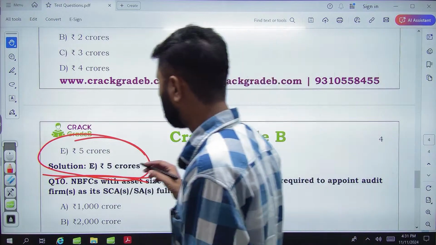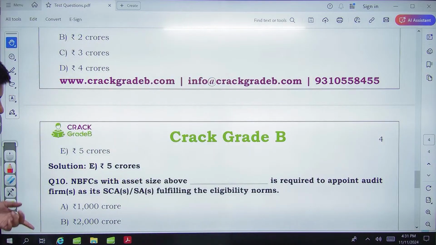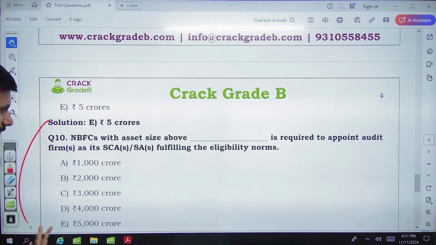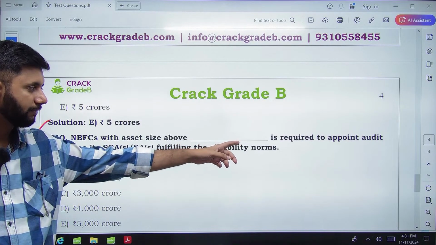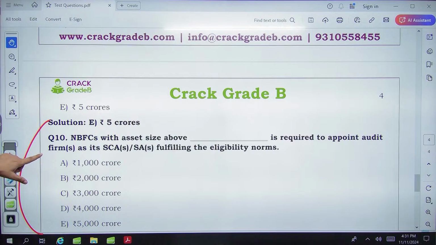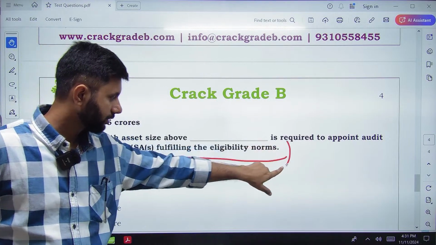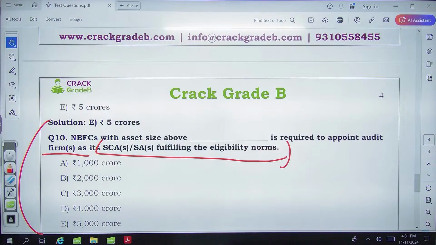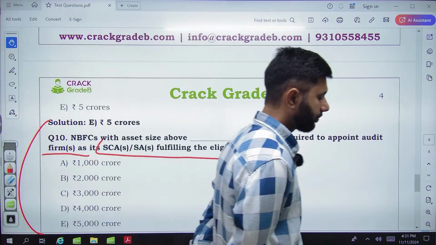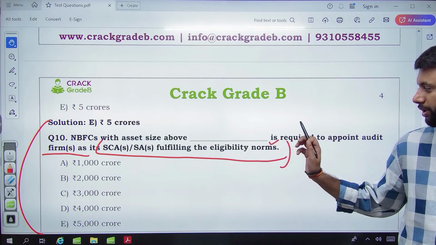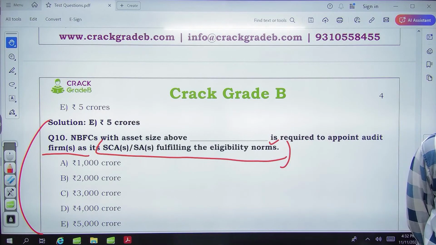Chaliye, now let's move on to the next question, which is NBFCs with asset size of how much and above is required to appoint audit firm as its statutory audit fulfilling the eligibility norms. तो स्टैट्यूटरी ऑडिट वाला जब कंडीशन प्रोविजन आप कितना एसेट साइज आपका होना चाहिए तभी आपके ऊपर एप्लीकेबल है.